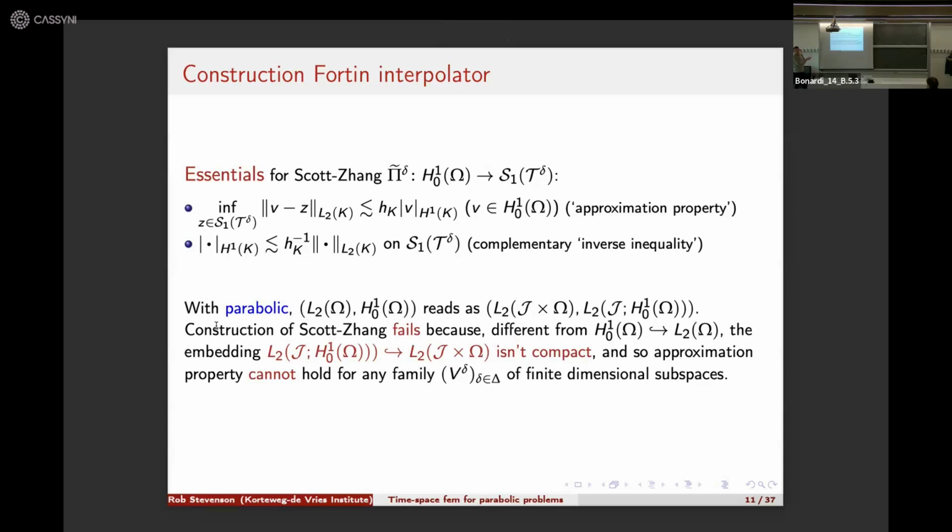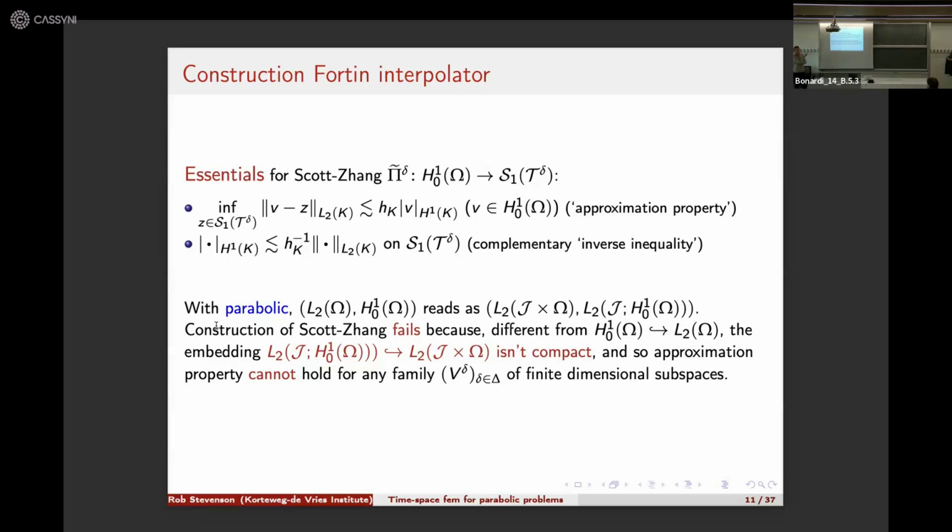Okay, and what's the problem? The construction of the Scott-Zhang fails because this embedding, H1 to L2, was a compact embedding, but if you go here, the embedding of this space into L2 is not compact. And then you can never have this approximation property, because only compact operators can be approximated by operators that have finite rank.